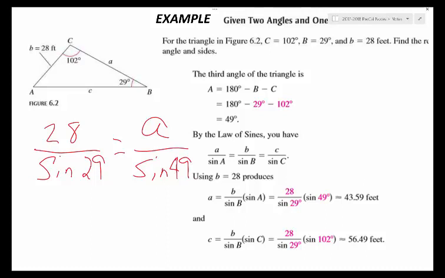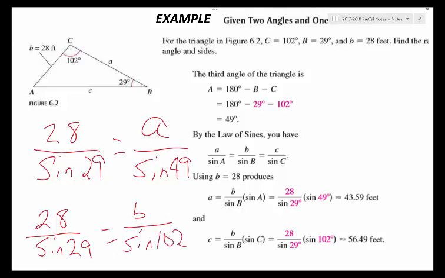I get 28 times the sine of 49 divided by the sine of 29. Likewise, I could set it up as 28 over the sine of 29 equals c over the sine of 102. You want to make sure your calculator's in degrees and not radians. Cross multiply and divide, and you get your answer.